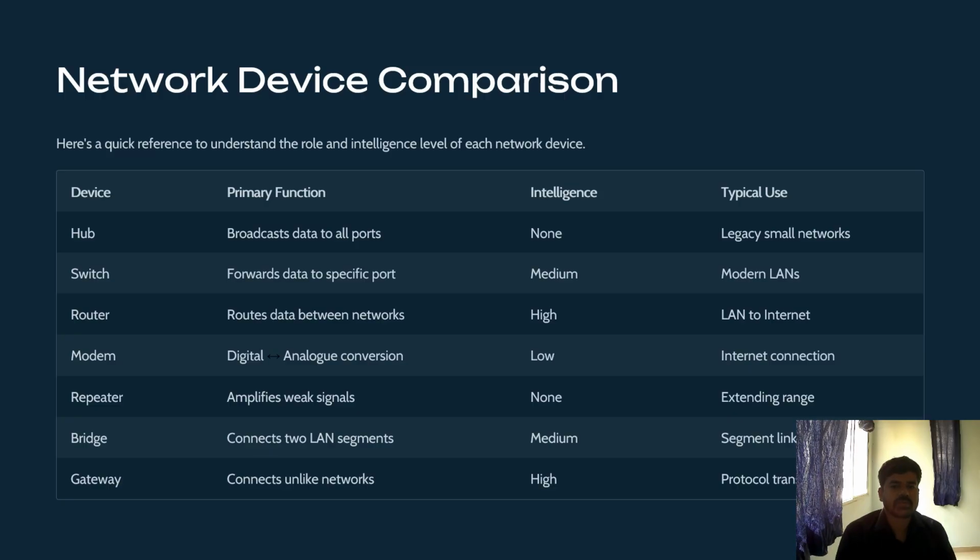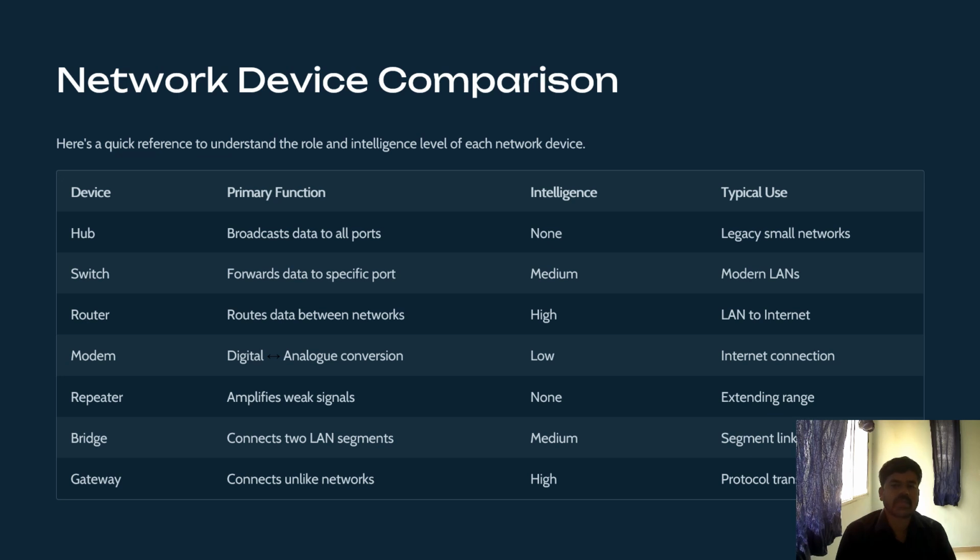Now let us move to router. Router works at layer 3, network layer. It connects different networks and uses IP addresses to forward the data.